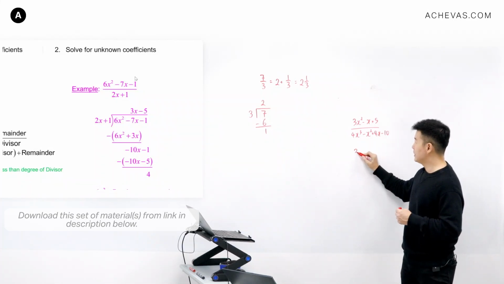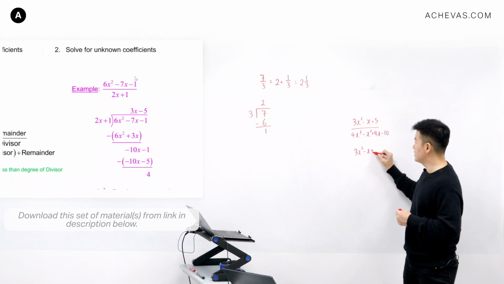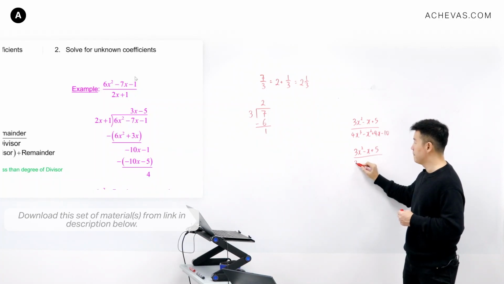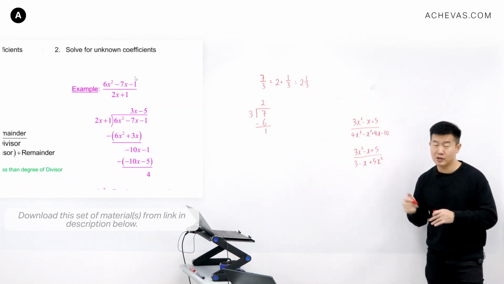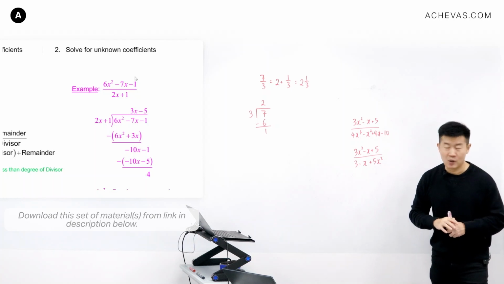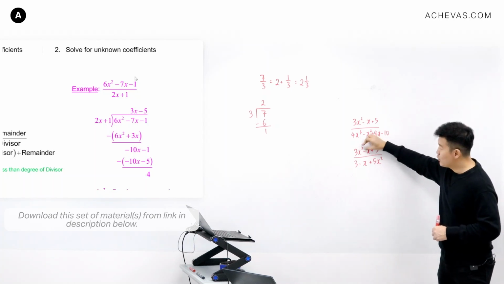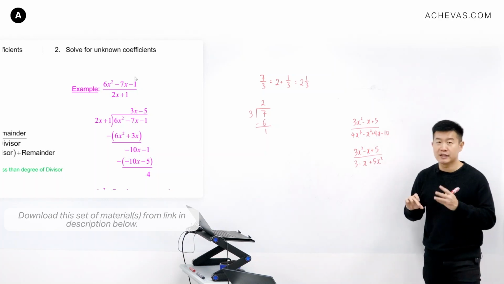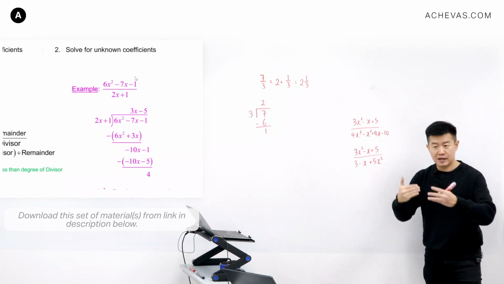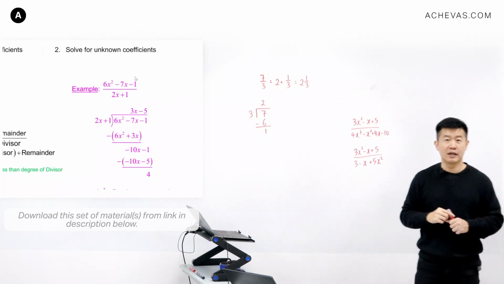But if we have something like this, let's say this plus 5 divided by 3 minus x plus 5x squared, can we carry out a long division? Yes, we can. Why? Because as long as the degree of the numerator is more than or equal to the degree of the denominator, that justifies a long division.